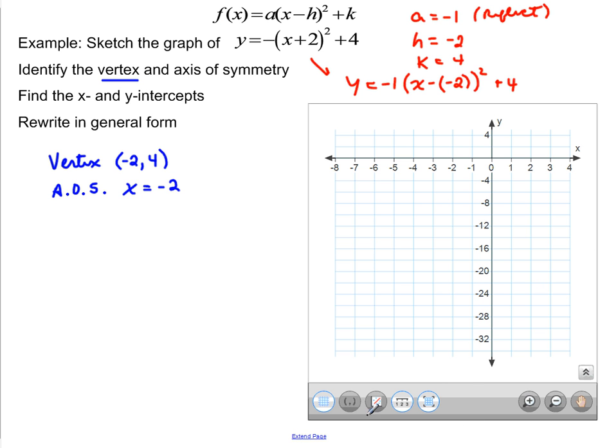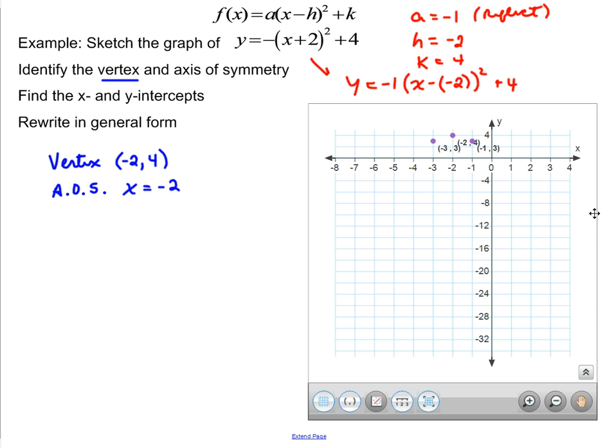If I were to plot some points, negative 2, positive 4 is the location of our vertex. A equals negative 1 means that if we go to the left 1, we need to go down 1. And if we go to the right 1, we need to go down 1. So our graph might pass through these points.